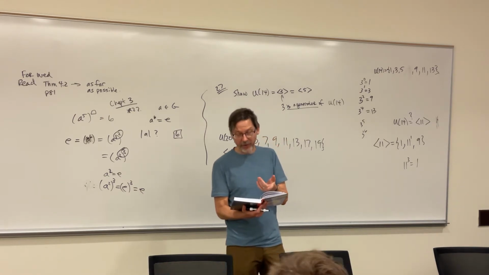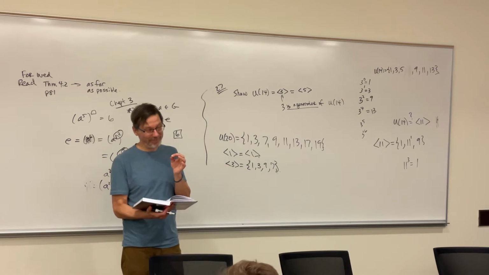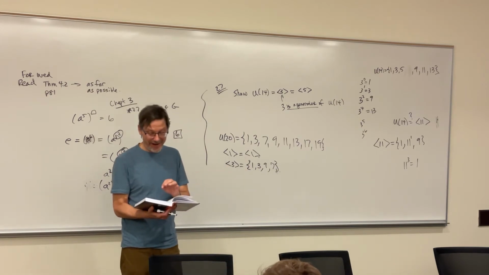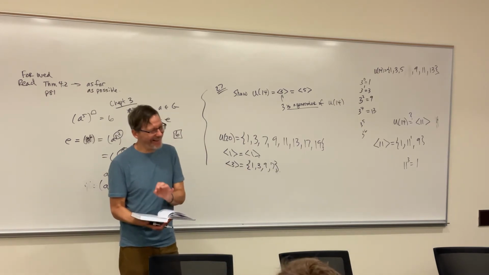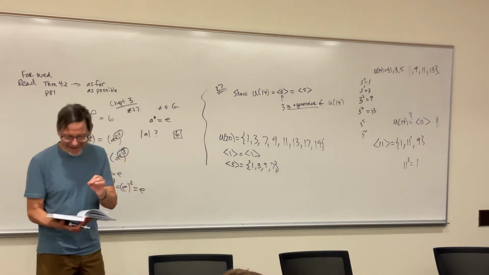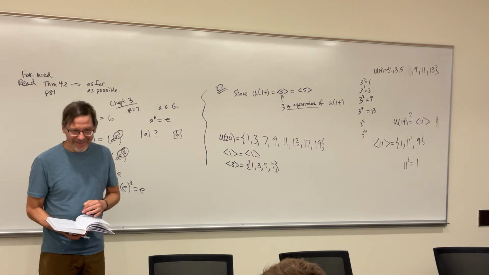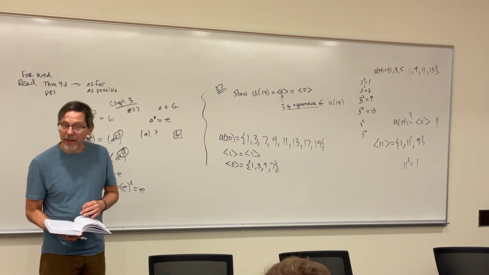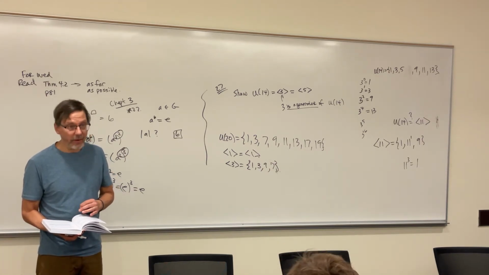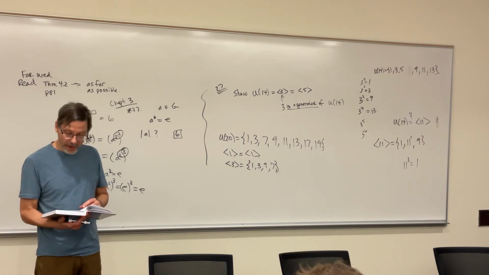We will have a result, Kyle, in the next chapter. That would make it a little easier. And that's actually Theorem 4.2 that I asked you to read for Wednesday. So if you want to read it and employ it, let's actually look at it.